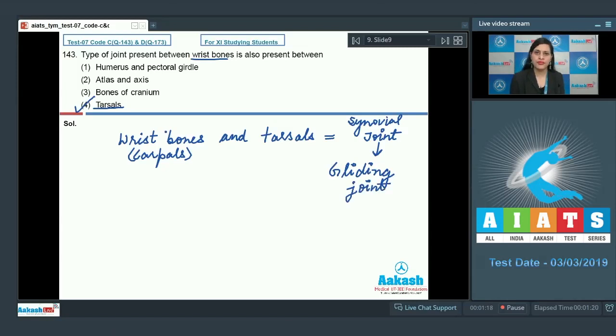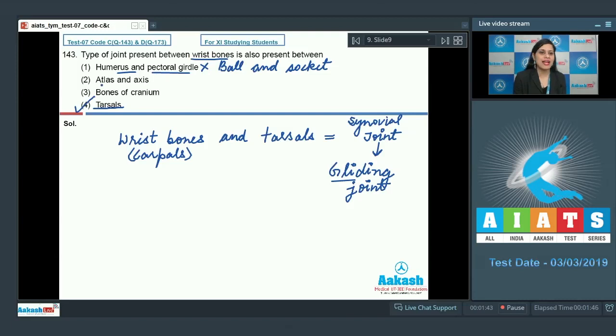Let's discuss the rest of the options. The very first option, humerus and pectoral girdle, is incorrect because a ball and socket joint is present between humerus and pectoral girdle, whereas a gliding joint is present between wrist bones.